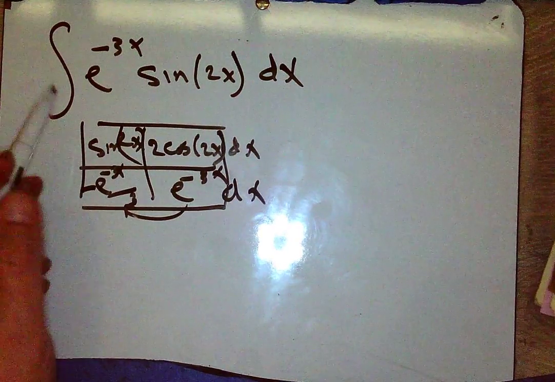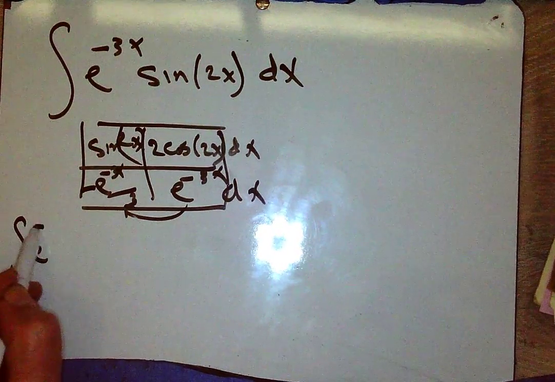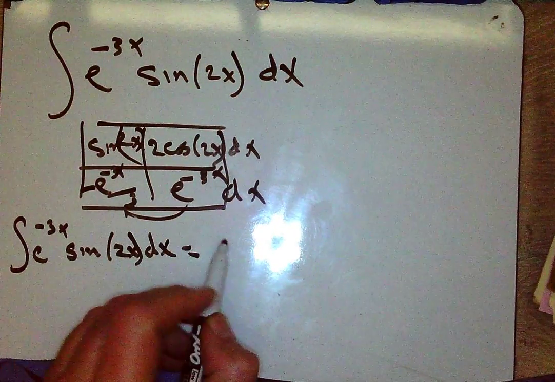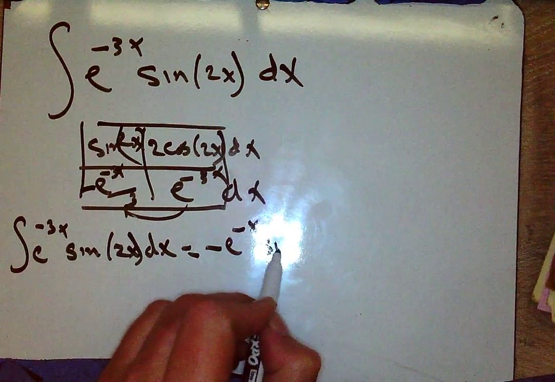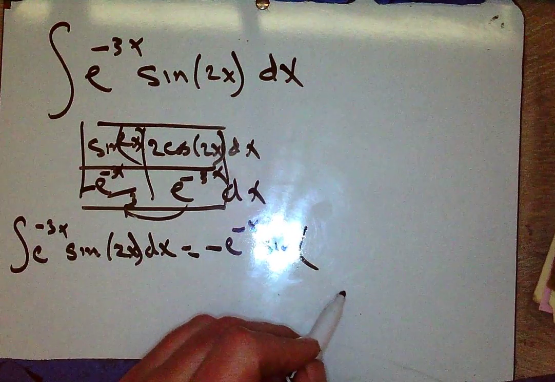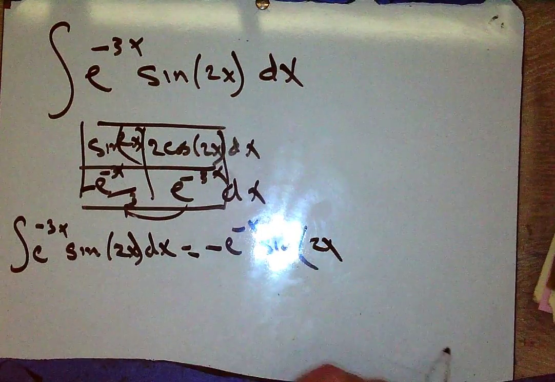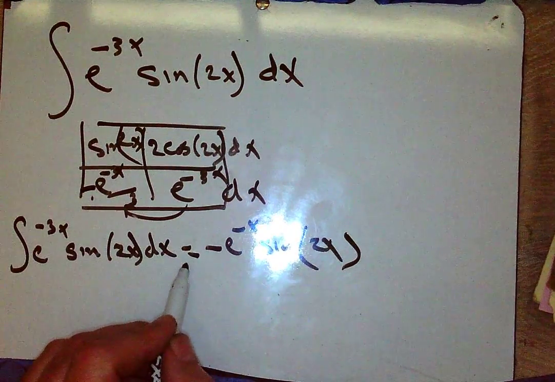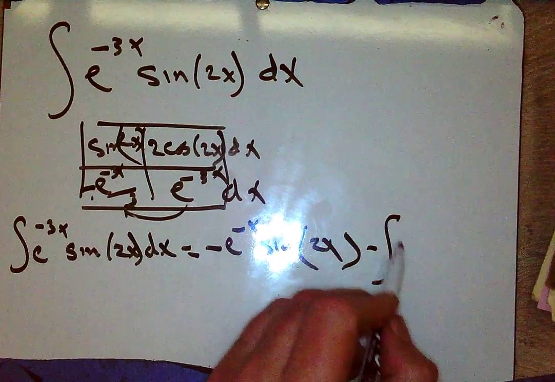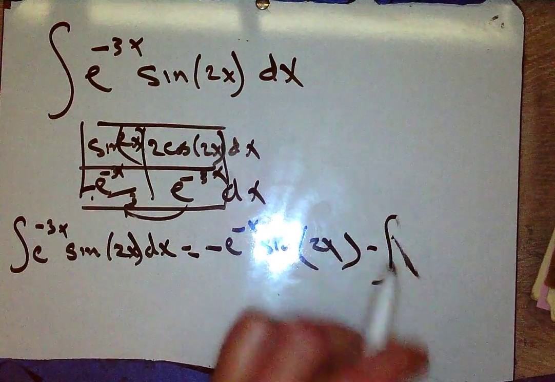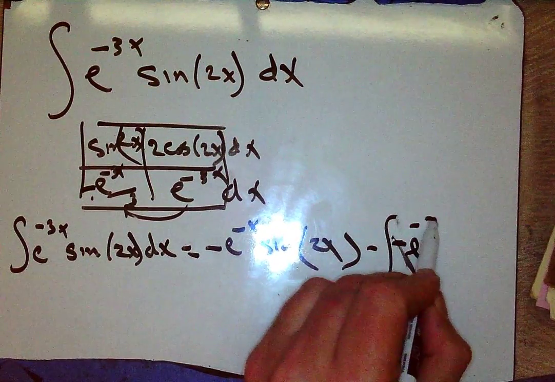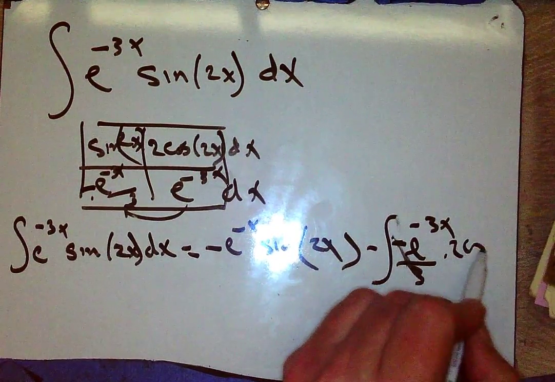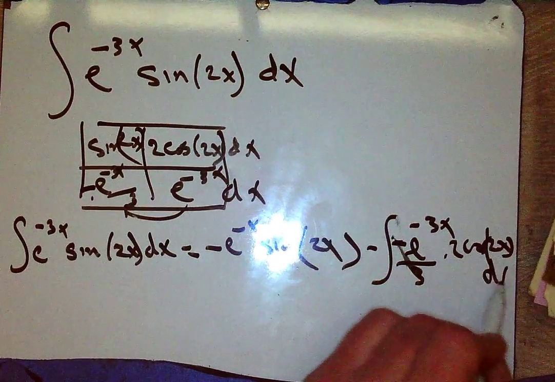All right, so what do we have? We have the integral of e to the negative 3x sine 2x dx equals negative e to the minus 3x over 3 sine 2x, that's this times this, minus the integral of negative e to the negative 3x over 3 times 2 cosine 2x dx.